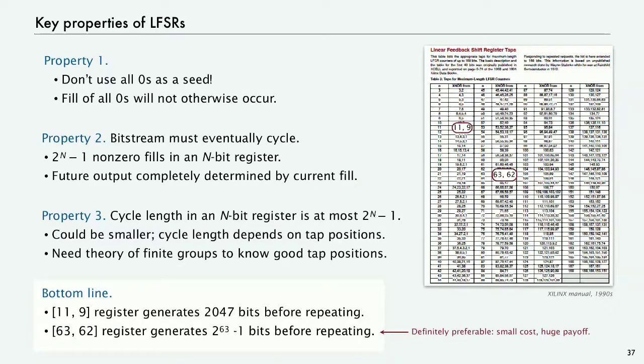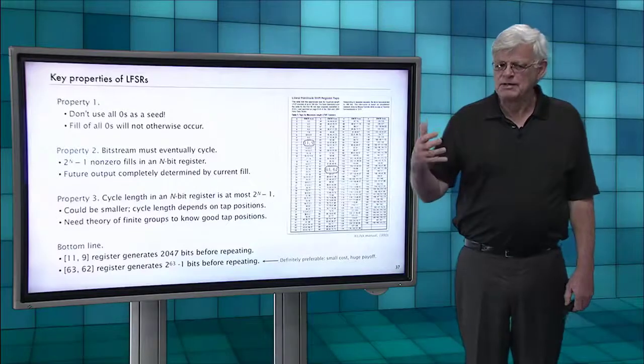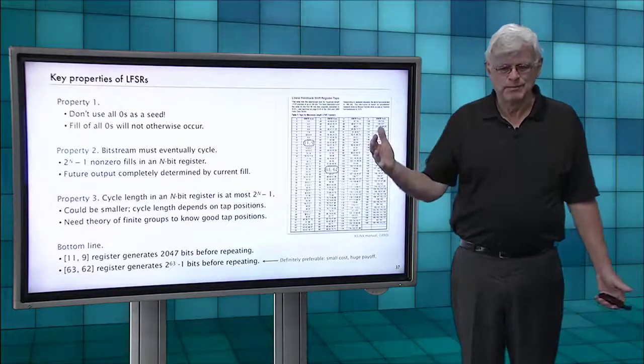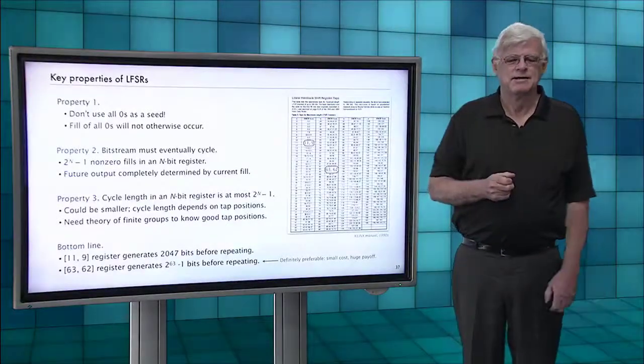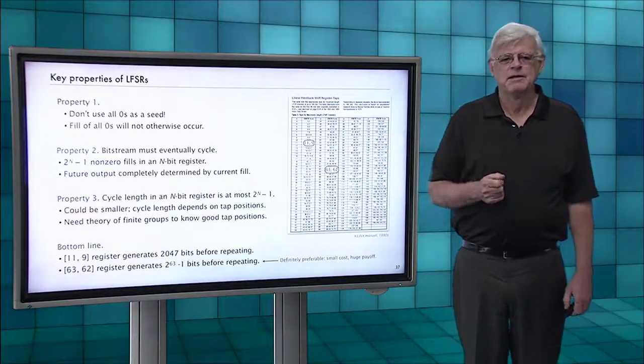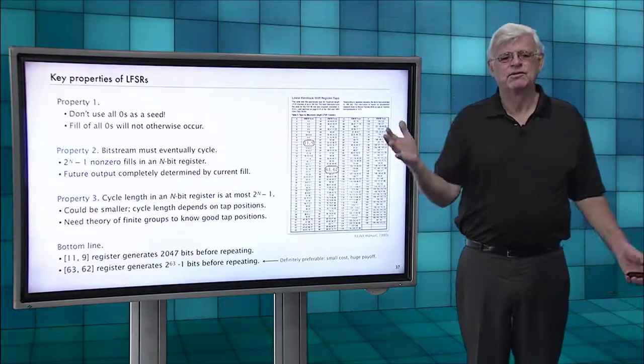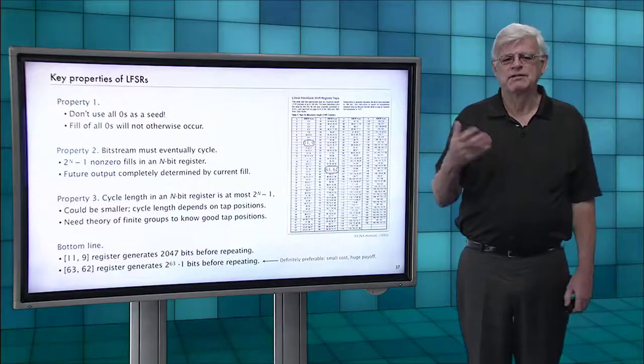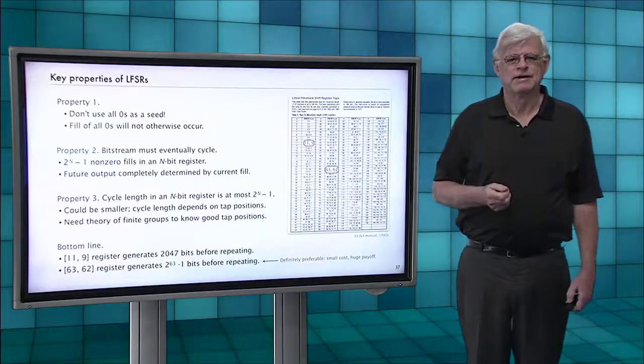So it's very easy for Alice and Bob to get a full cycle position and know that the thing is not going to repeat until after 2 to the 63rd bits. When it repeats, it's not going to look random, and a long repeat is one of the first tests for whether something is random. But if there are fewer than 2 to the 63 minus 1 bits, then it's going to look random.